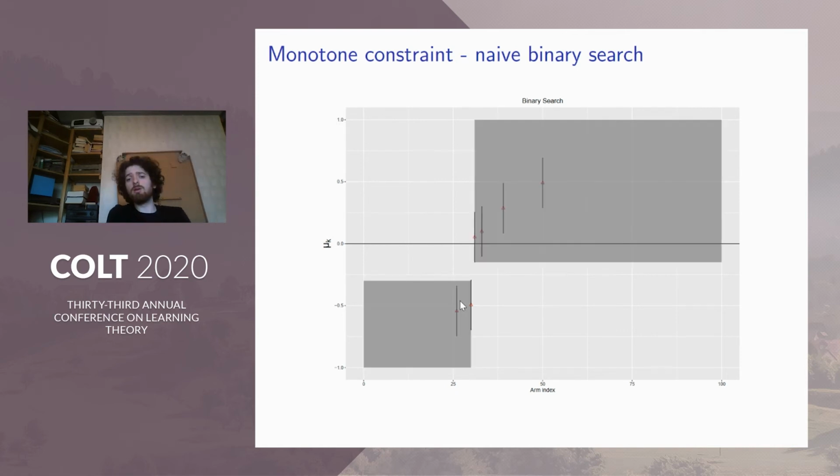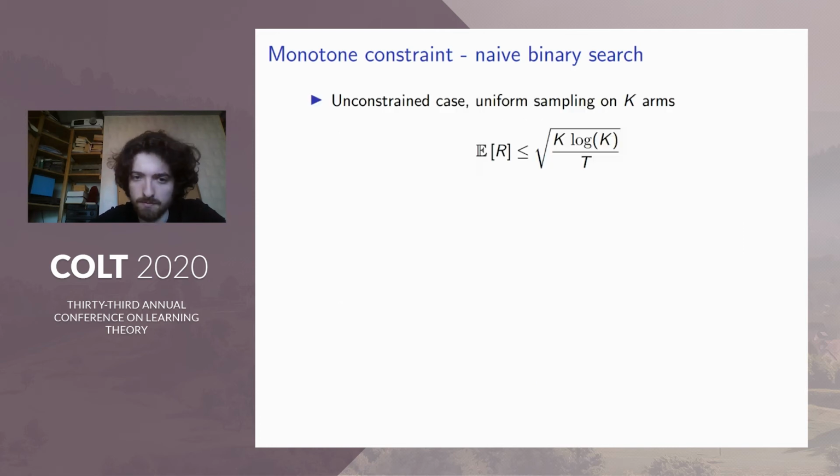Then if we assume all of these sample means are close to their true means, we can bound regret on all the arms by the distance of this error band here. So basically we can say all the arms are going to exist in these grey rectangles. If we say all the arms to the right of the pair are above threshold and all the arms to the left of the pair are below threshold, we'll achieve our bound on regret.